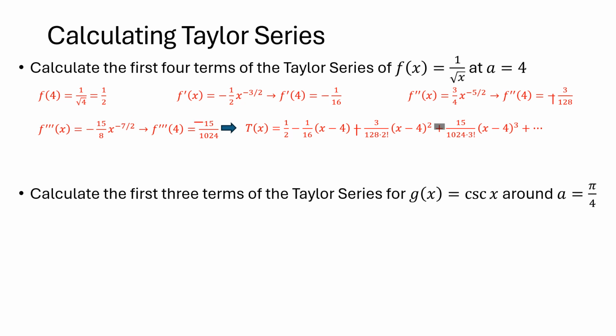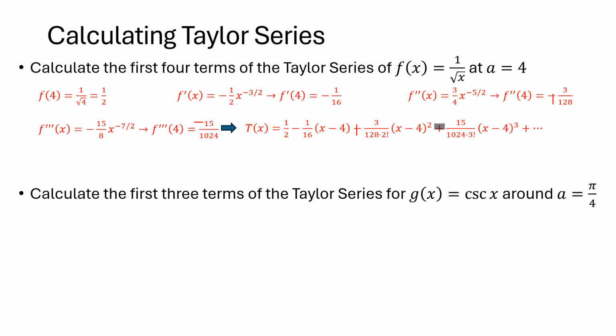Continuing, noting that I made an error with plus and minus signs that has now been corrected. We have the third derivative evaluated at 4 is negative 15 over 1024. And so that becomes negative 15 over 1024 times 3 factorial times x minus 4 to the third.